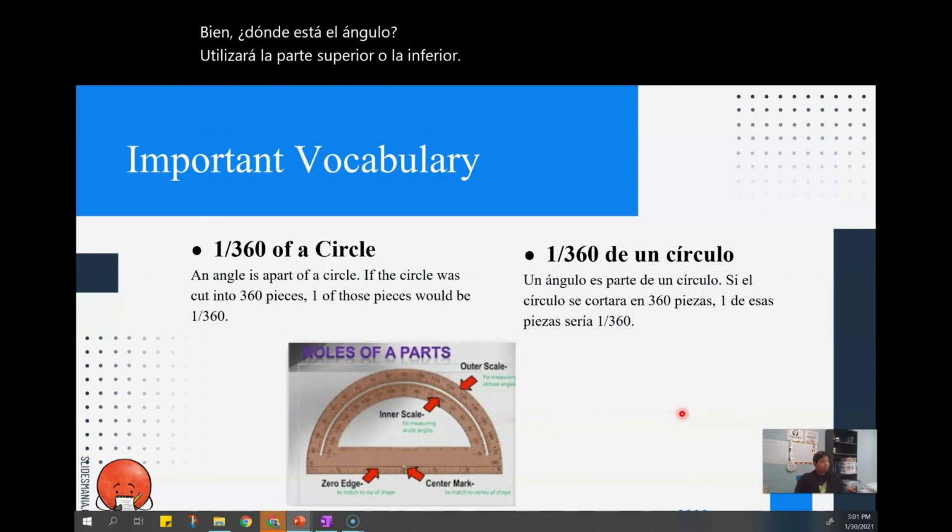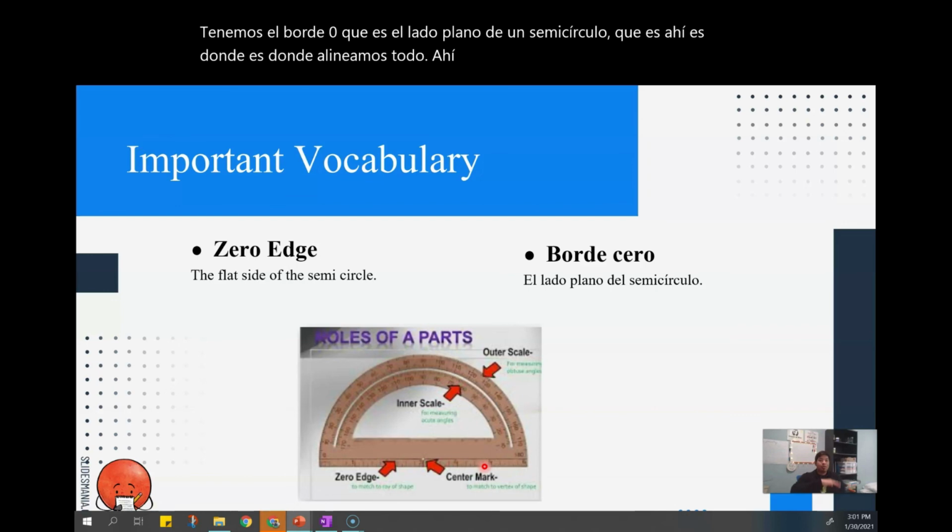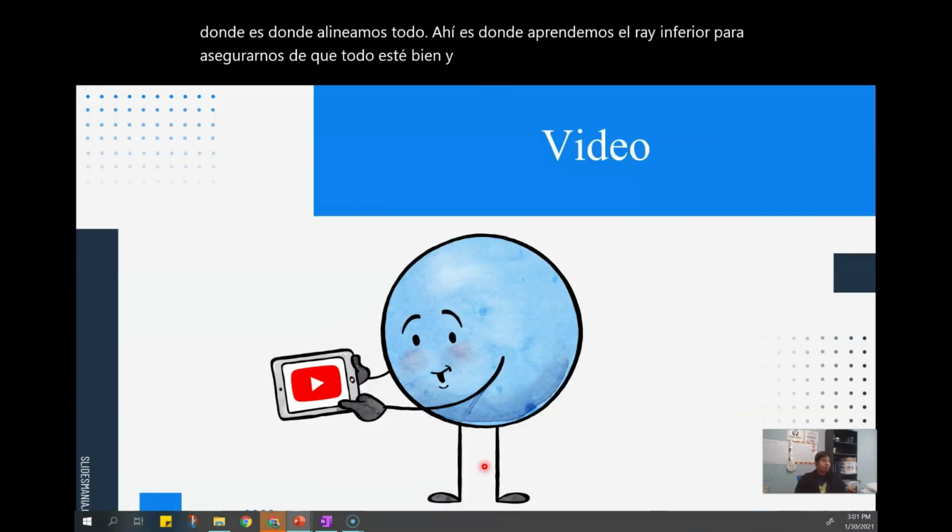And then we have the zero edge, which is the flat side of the semicircle, that's where we line up everything. That's where we line up the bottom ray to make sure everything's nice and neat and accurate. Okay. All right, let's go ahead and watch our video for the day.